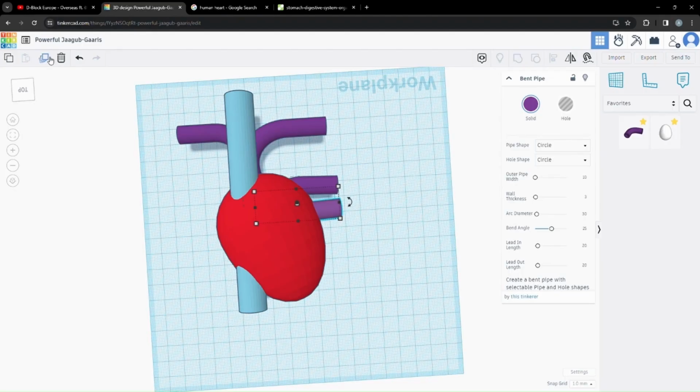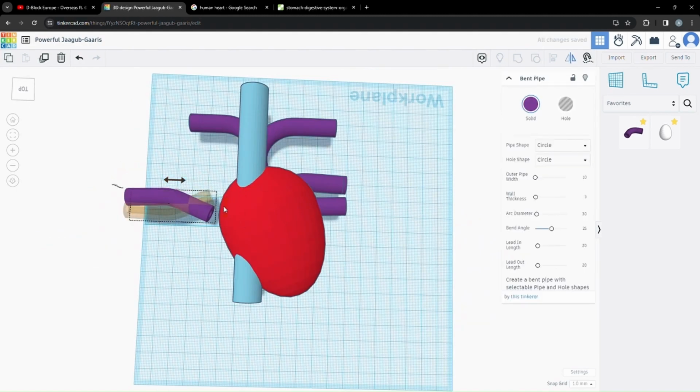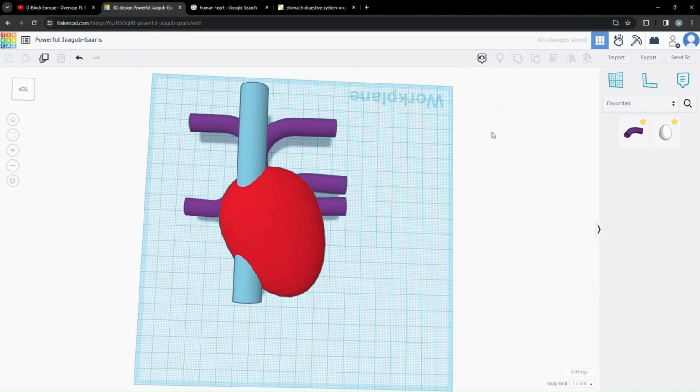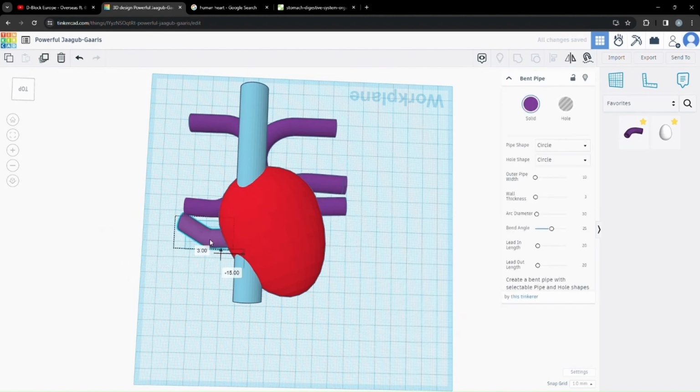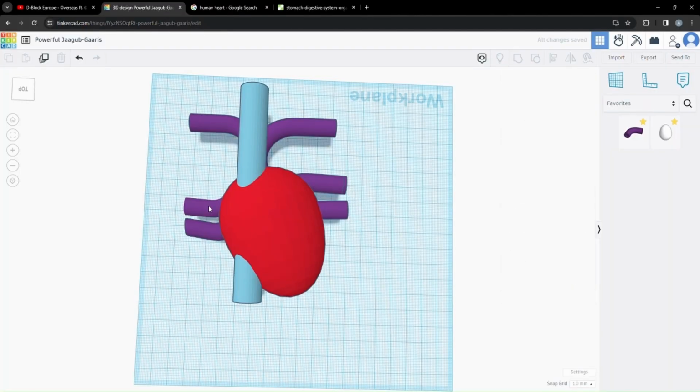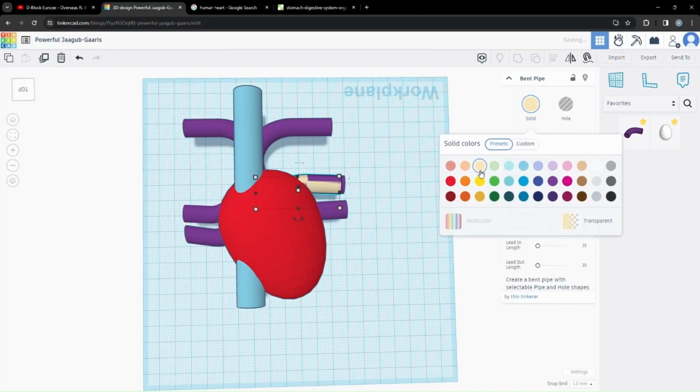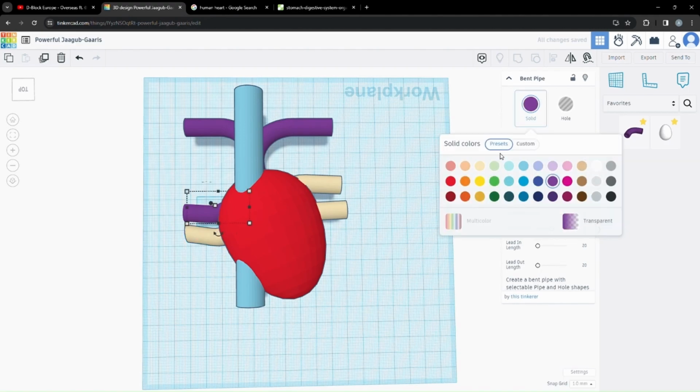And then I will do the pulmonary vein. The pulmonary vein is a vein that has oxygenated blood that comes from the lung, and it will go to the left ventricle.